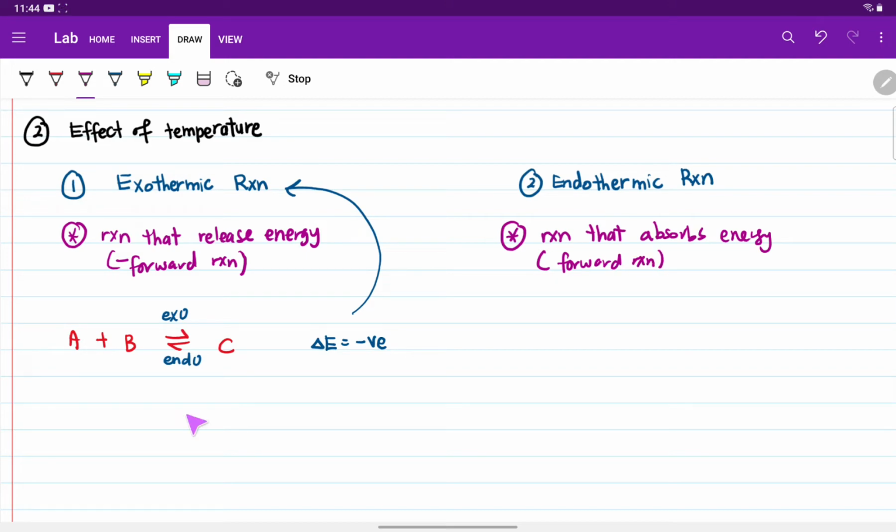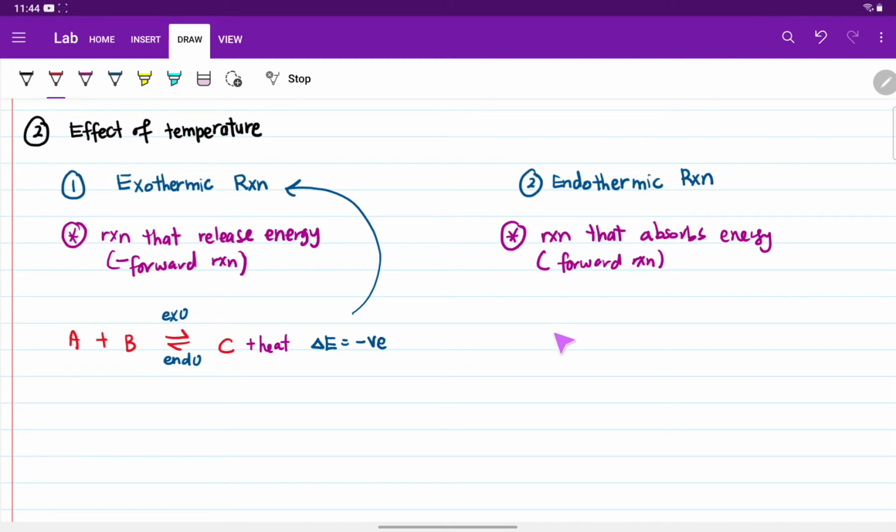Sebelum saya terlupa tadi, dekat sini kita kata release energy sebab apa? Bila A react dengan B, dia akan hasilkan C dan juga side product adalah heat. Heat adalah salah satu produk daripada reaction. Okay, now berbalik kepada endothermic reaction. So, kita kata dia adalah endothermic reaction.